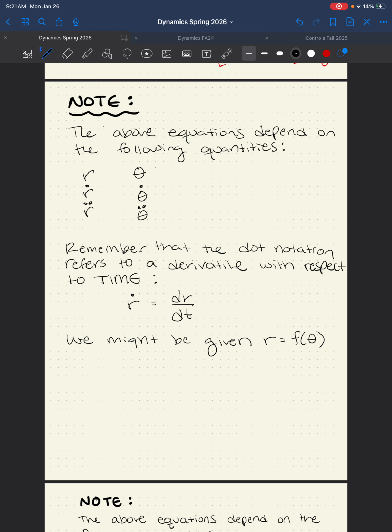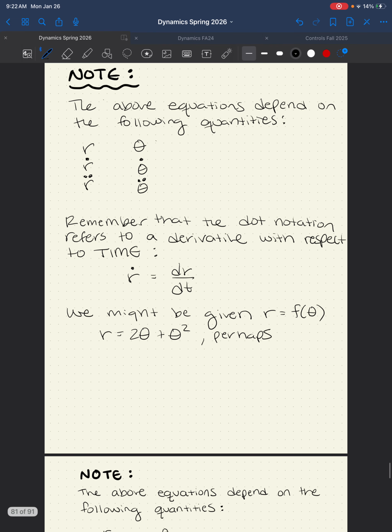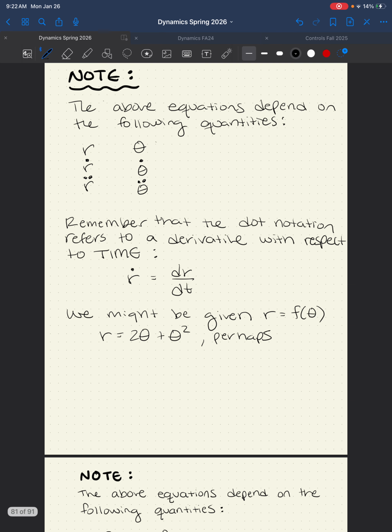So maybe we're given something like r equals 2 theta plus theta squared, perhaps. In order to fill out our position, velocity, and acceleration equations, we need to find those r dots. So how can we find r dot? We can't take dr d theta and call that r dot.